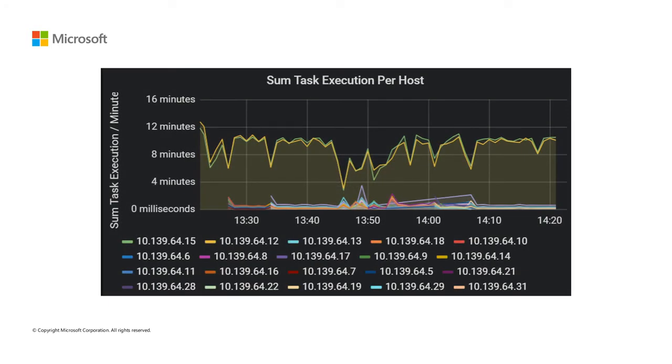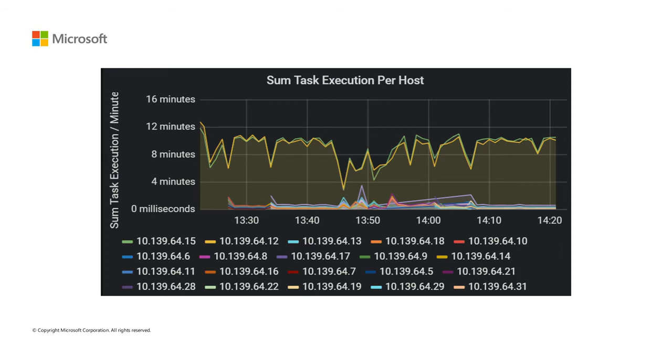Now, you ask yourself, well, I have jobs, I have stages, but I also have a particular cluster that is actually processing all these jobs and distributing the processing within the stages, right? And we started to identify, okay, out of the multiple hosts that we have in our cluster, what's the execution per host that we're measuring?